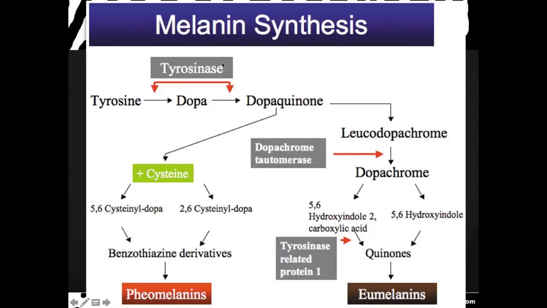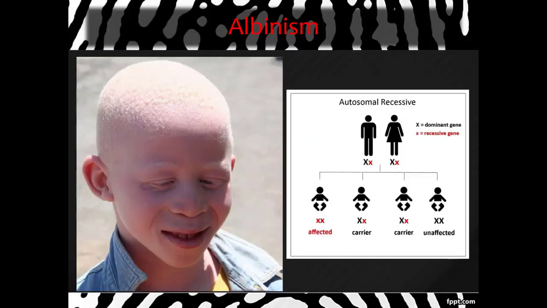Okay, this enzyme can be affected and non-functioning, and it will cause the disease called albinism. Albinism is an autosomal recessive, genetic disease, which causes a lack of melanin in the whole body.